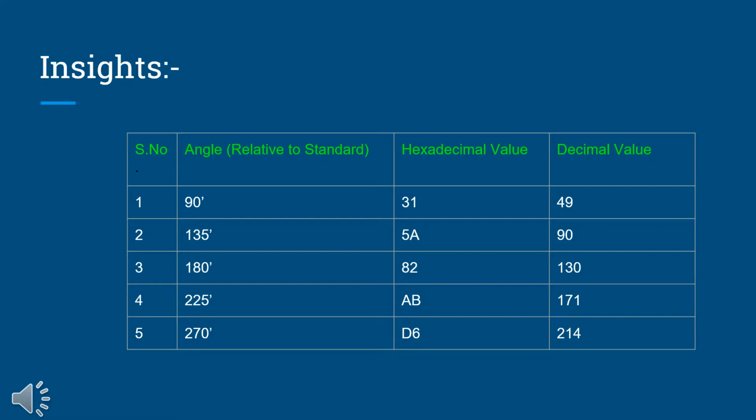So it's roughly 81 by 90, which in decimal form is 0.91. That implies the data we are observing is a linear function of the angle.